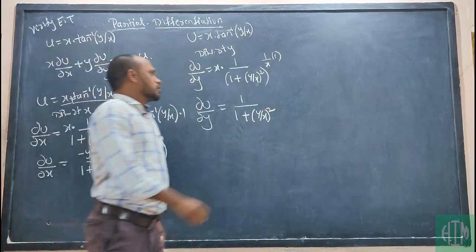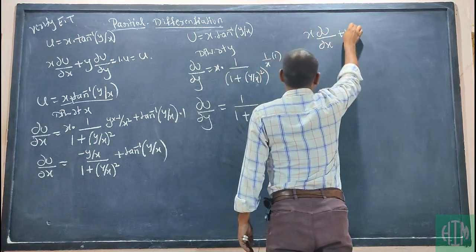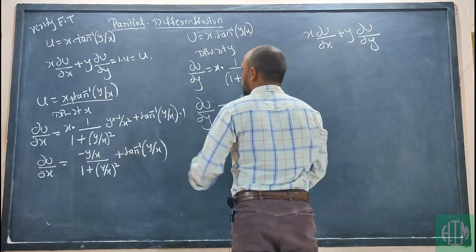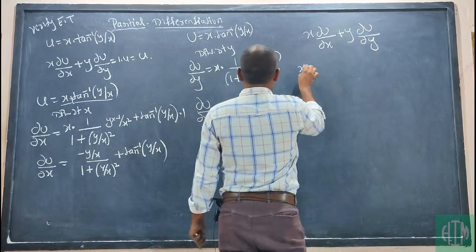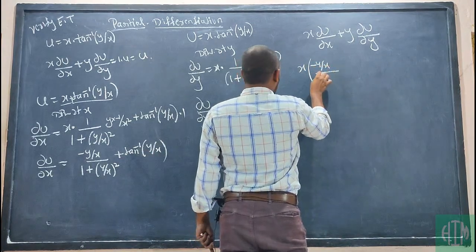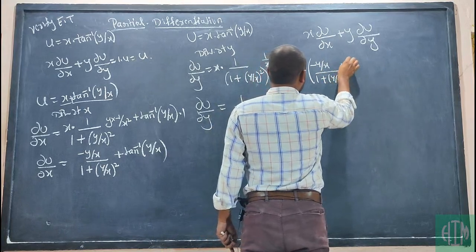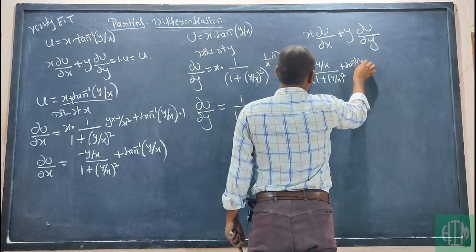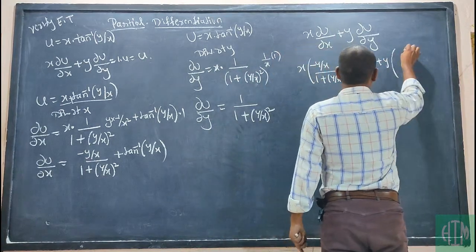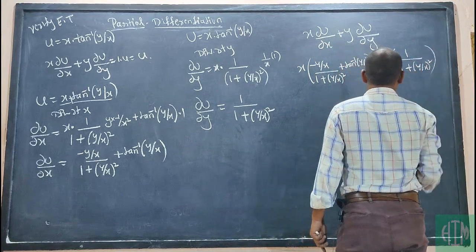Now x ∂u/∂x plus y ∂u/∂y, we should prove is equal to u. Now x, what is ∂u/∂x? We have got minus y by x by 1 plus y by x whole square, plus tan inverse of y by x, plus y, ∂u/∂y, 1 by 1 plus y by x whole square.